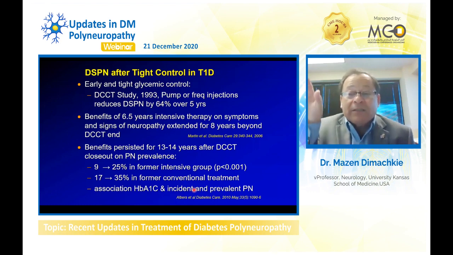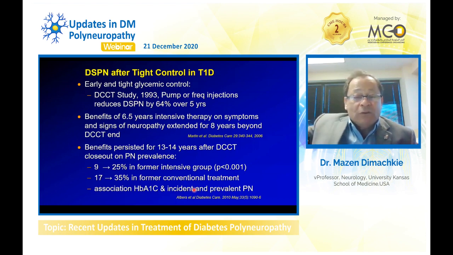Remember, type 1 is the small minority of diabetics, 5%, 95% are type 2. But in those patients that have insulin-dependent juvenile onset diabetes, type 1 diabetes, the benefits extend to many years out in the way of prevention of the formation of neuropathy, and the neuropathy is less severe.